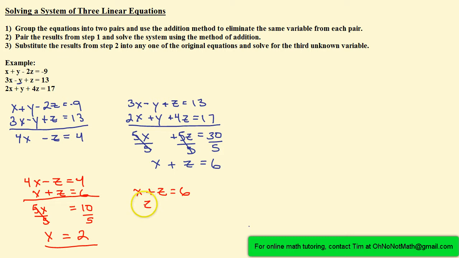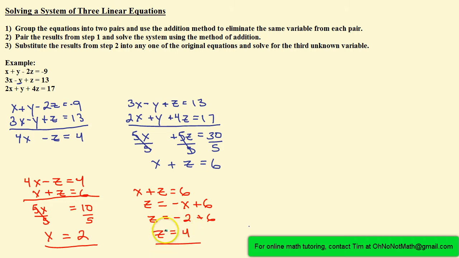So I subtract x from both sides. Right? x minus x equals 0, leaving me with z on the left side. And then I have negative x plus 6 on the right side. So I have z equals negative, and here I want to plug in my x equals 2, plus 6, and I have z equals negative 2 plus 6, which is 4.